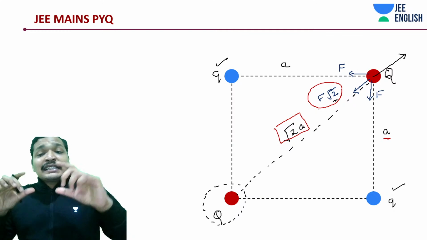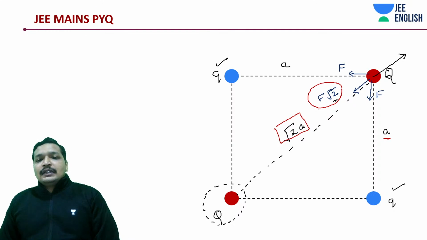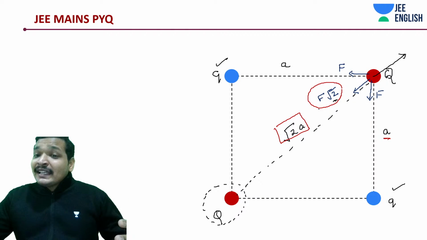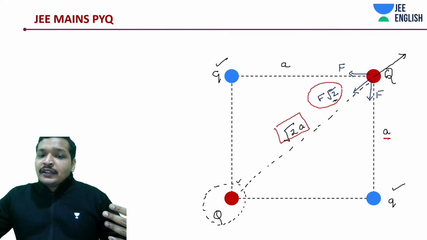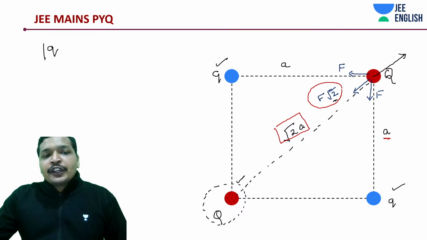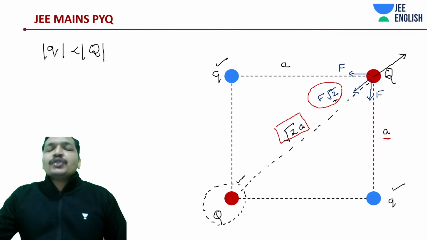And the distance is also less, which means the denominator is also going to be small. The only way that it is going to be equating these forces is if the magnitude of Q is less than that of capital Q.